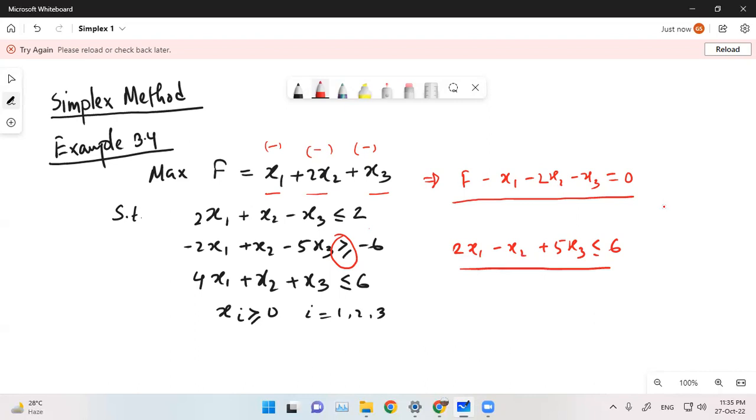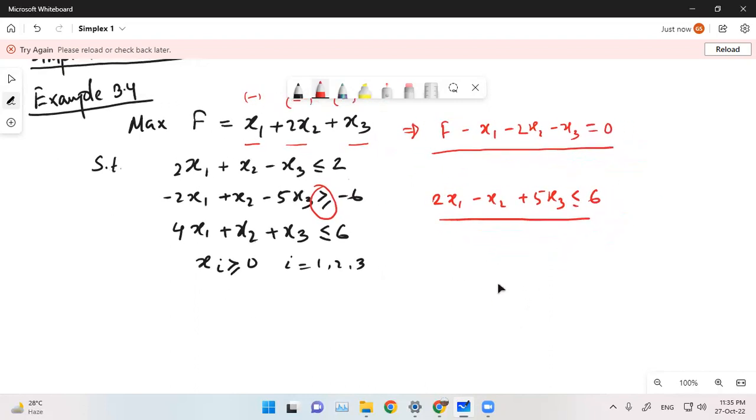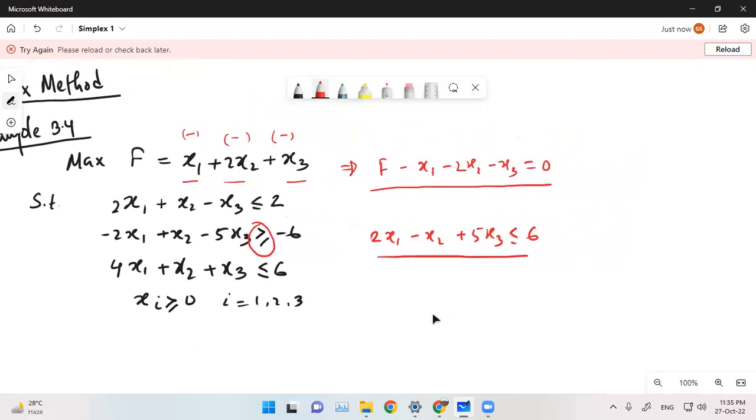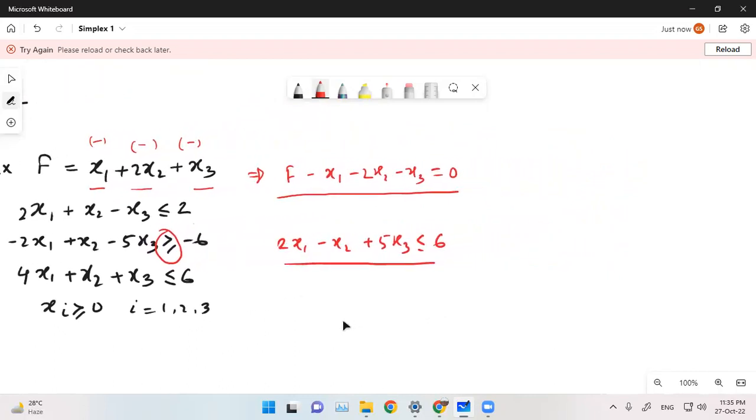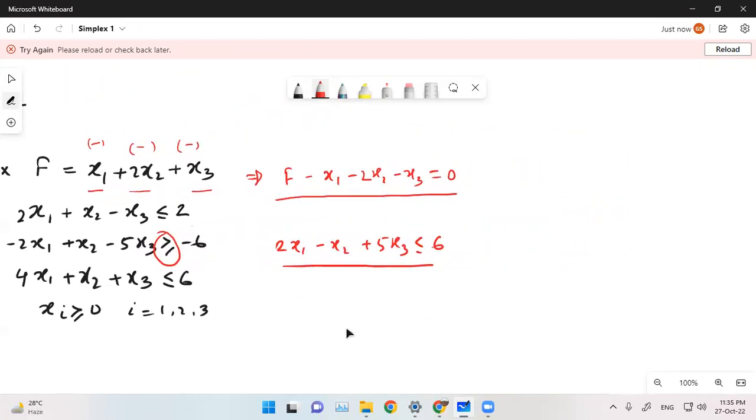And then the second must-do thing is that we have to take all of this into some standard form. Basically, all these less than or equal to constraints, or inequality constraints, have to be converted into equality constraints using slack variables.